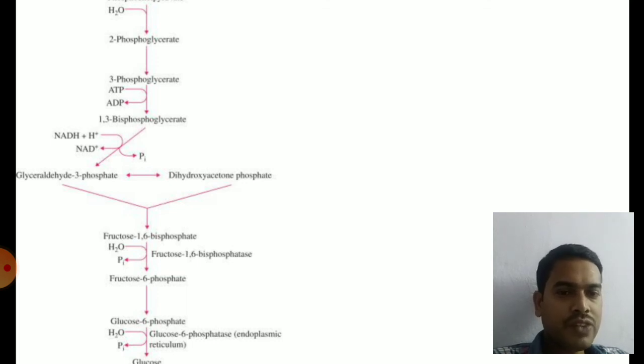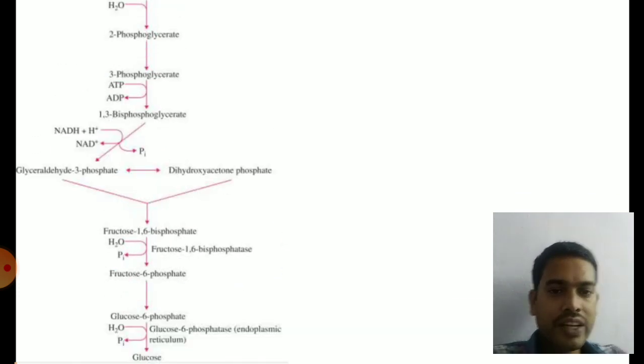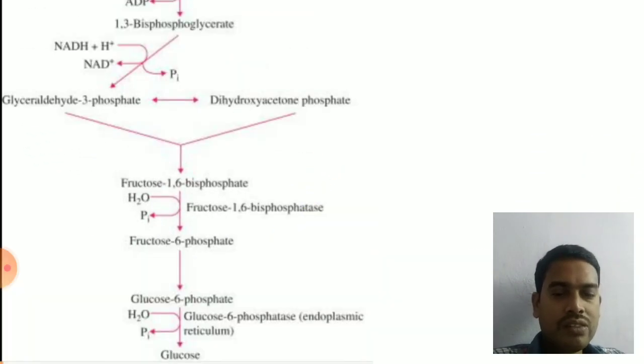That means one phosphate group is removed at the first position with the help of an enzyme called fructose 1,6-bisphosphatase. This enzyme is absent in glycolysis, whereas this reaction is irreversible in glycolysis, so here it is mediated by fructose 1,6-bisphosphatase, where fructose 1,6-bisphosphate will be converted into fructose 6-phosphate. Again, fructose 6-phosphate will be converted into glucose 6-phosphate by phosphoglucoisomerase.